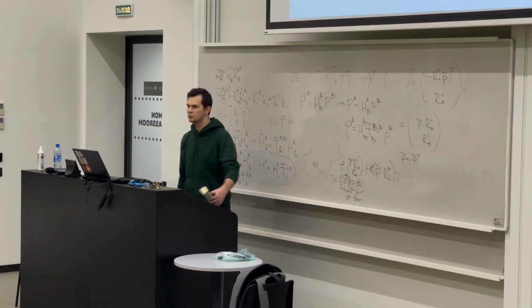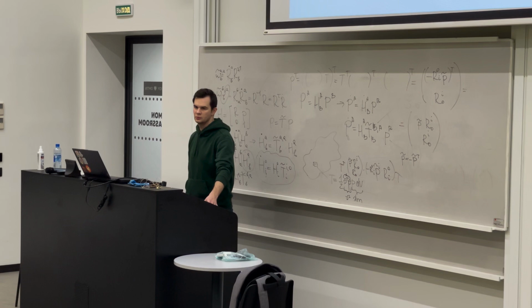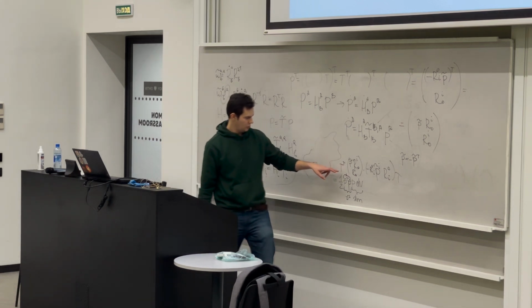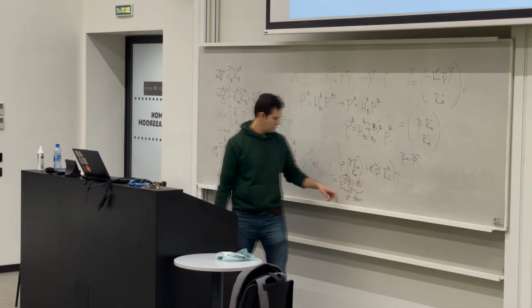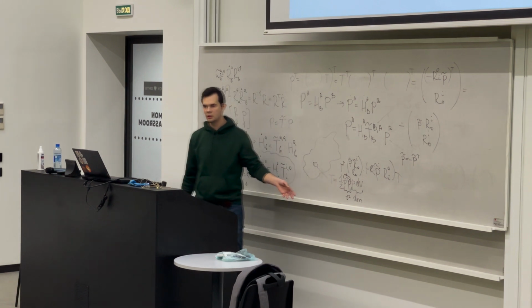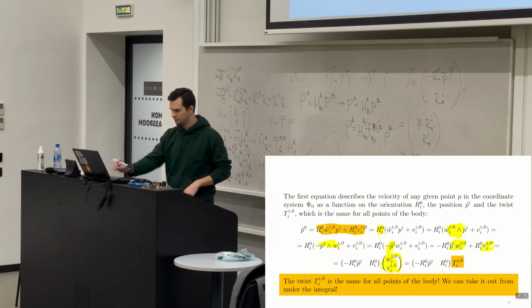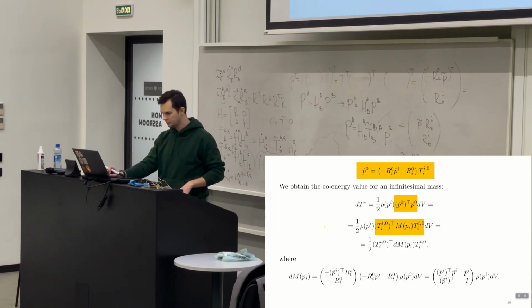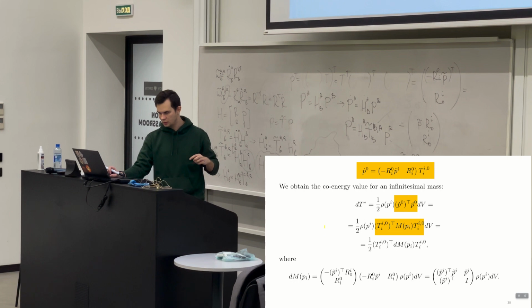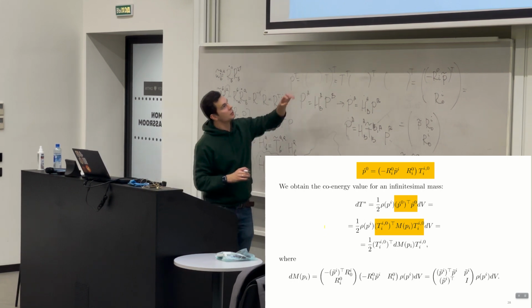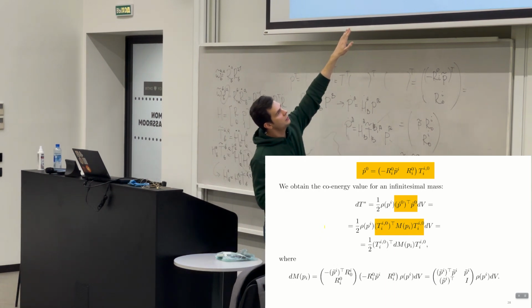Do you agree? And those twists, we can take out of the integral sign. So basically, this is the derivation, the same. So here, this is the skew-symmetric form.